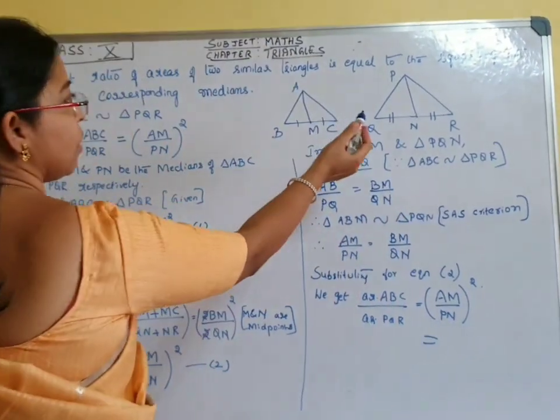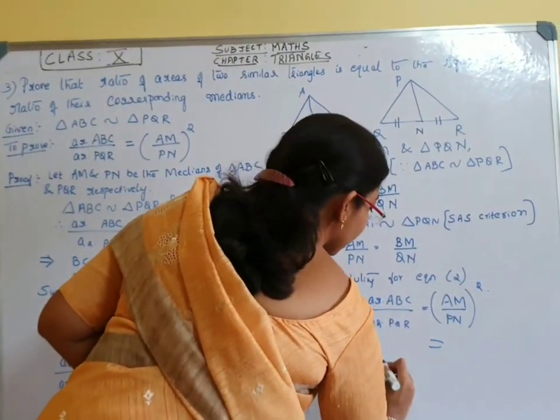AM by PN is nothing but the ratio of the medians, hence proven.